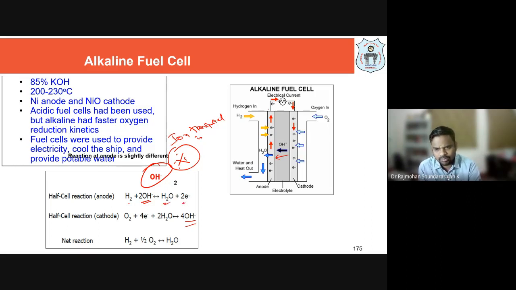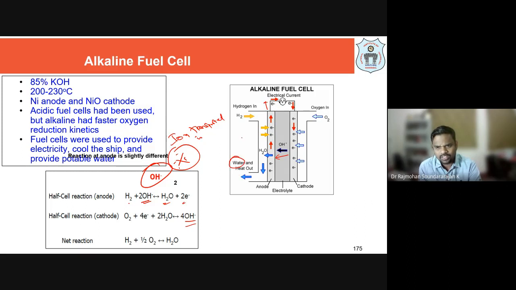These electrons pass through the external circuit from the anode side, where water is produced as a byproduct.